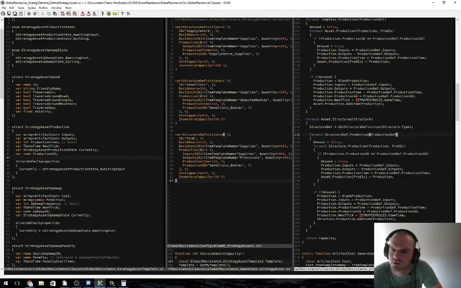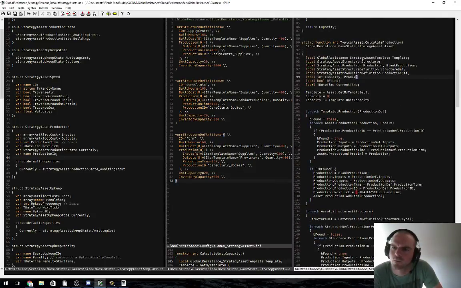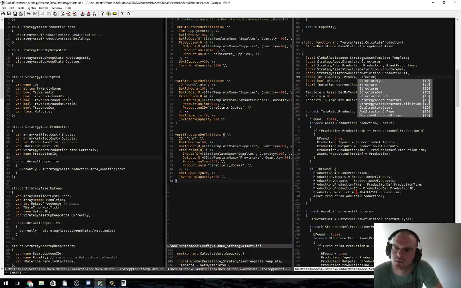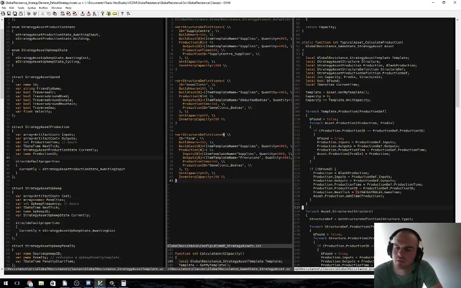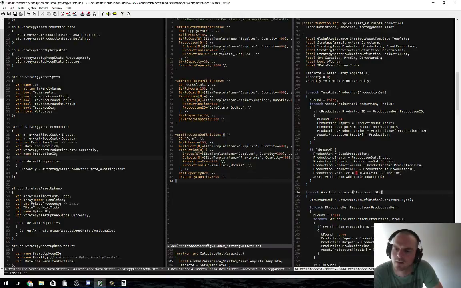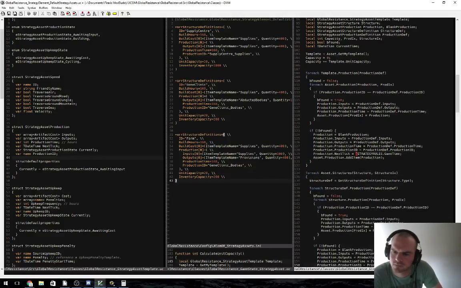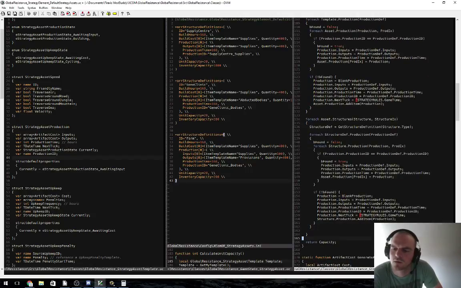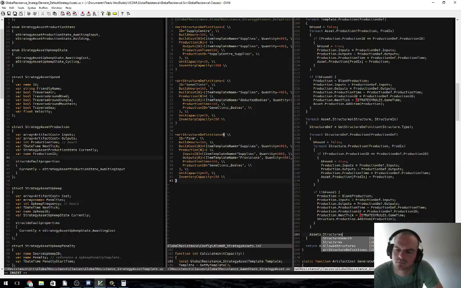And then for each structure, once we're done updating it, we need to update that as well. So structure ix. We return the asset at the end, because what we're doing is we're going assets dot structure structure ix equals structure.